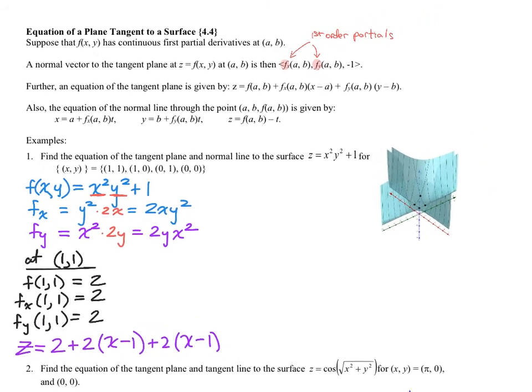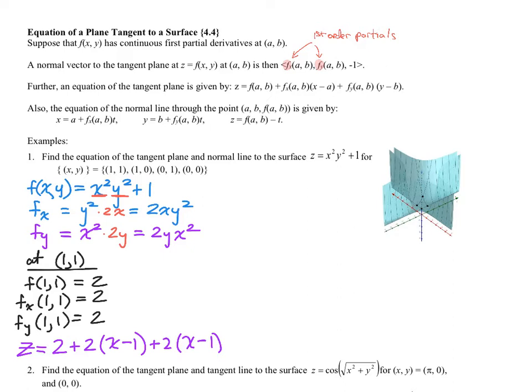So when we talk about that vector, that f of a comma b, first order partial with respect to x, first order partial with respect to y, both at a, b, and then -1, that's coming from the solution because if I brought the z over to the other side, it would become -1z. So the coefficients of x, y, and z make up your normal vector.